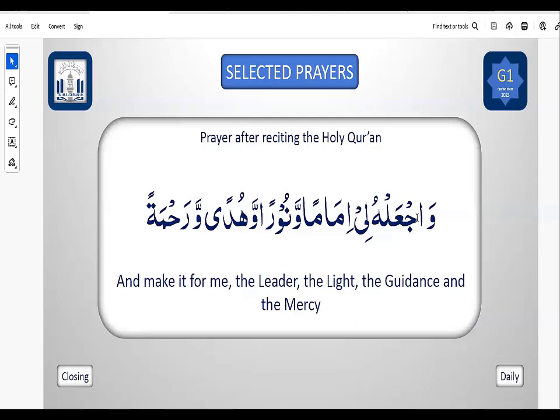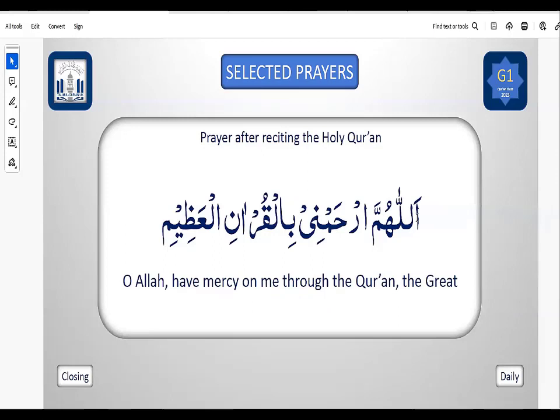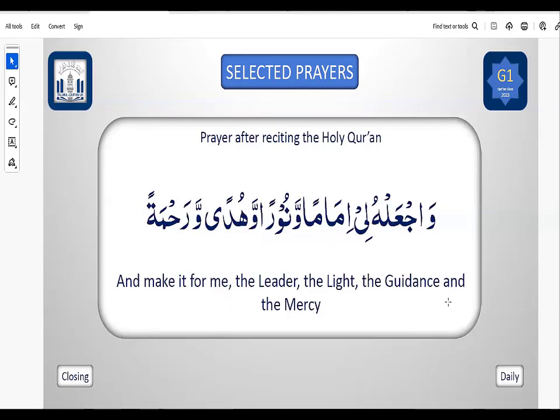Well done, mashallah. Really good job. Now can you please finish off with the translation? O Allah, have mercy on me through the Quran the Great, and make it for me the leader, the light, the guidance, and the mercy. Well done, mashallah, really good job.